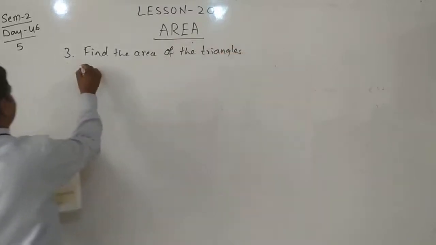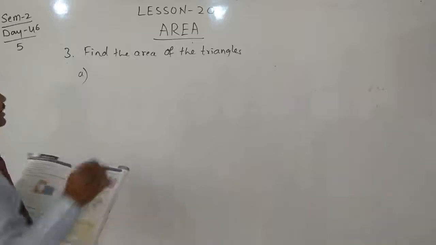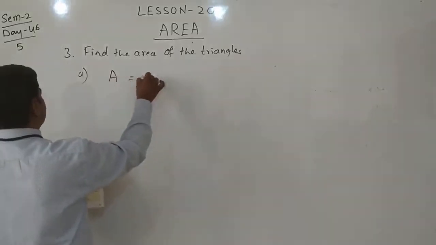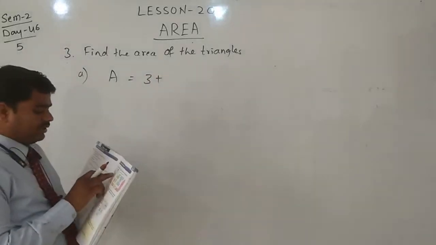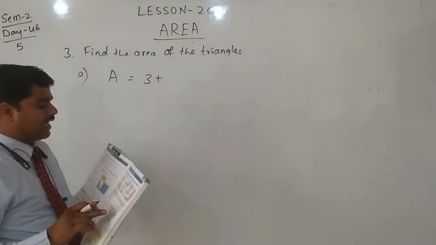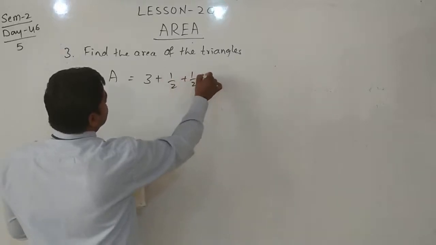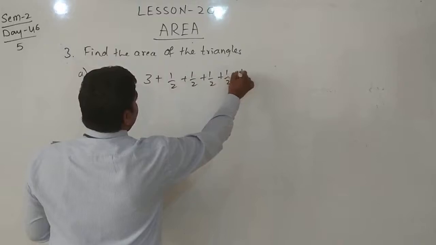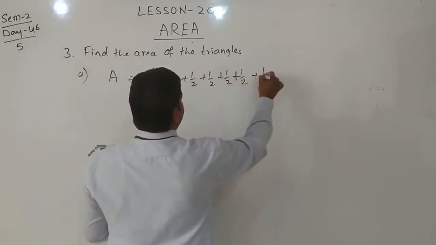Yes, A figure is having fully 1, 2, 3 full triangles. Figure A area is equal to 3 full triangles and 1, 2, 3, 4, 5, 6 half triangles. 6 half means we can write, this is nothing but 3. 2 halves together, 1 whole, then again 2 halves together, 1 whole.